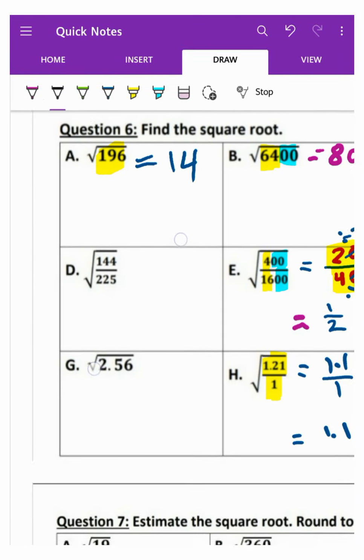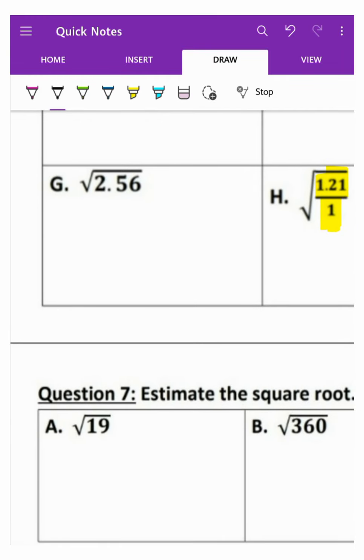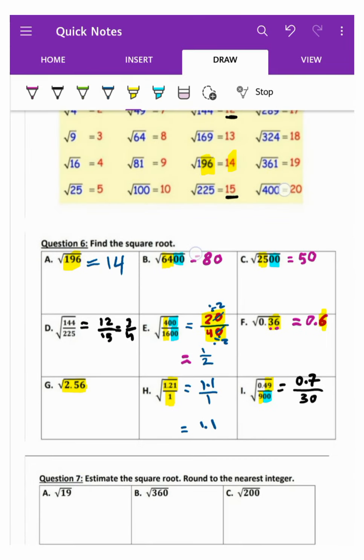If I have more questions, good. I have more questions. Here it is easy. 144 comes from 12. You solve it, yes? And this gives me 15, and this gives me 3 over 4. Doesn't matter. And here it is not 2, and don't deal with it as 2 and 0.56. Deal with it as 256, and where does 256 come from?